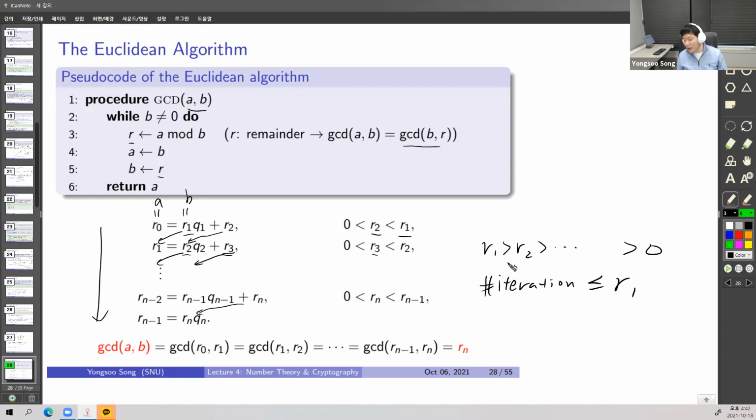But this is very naive and a loose bound. In the next slide, we will see some better complexity analysis of this Euclidean algorithm.